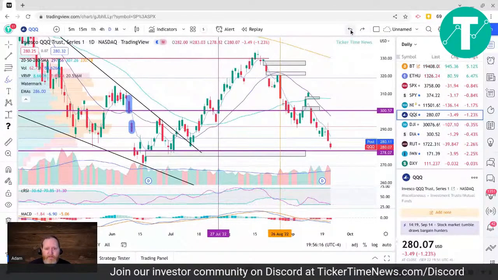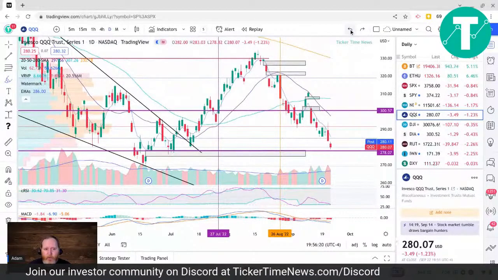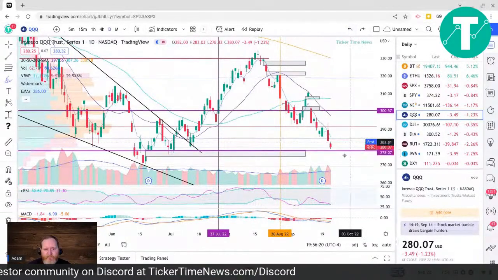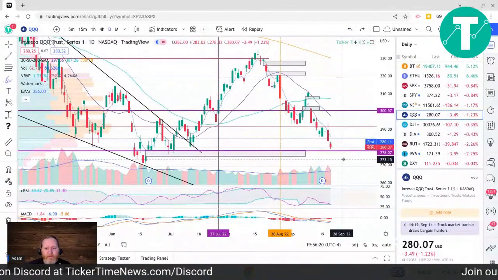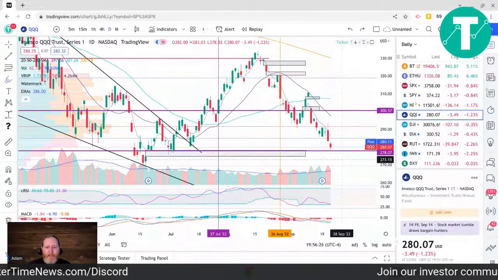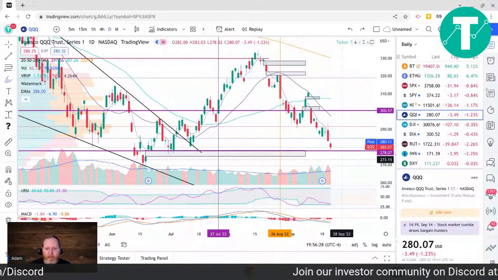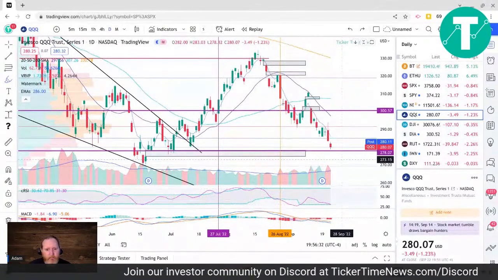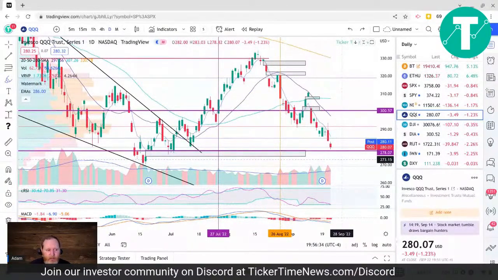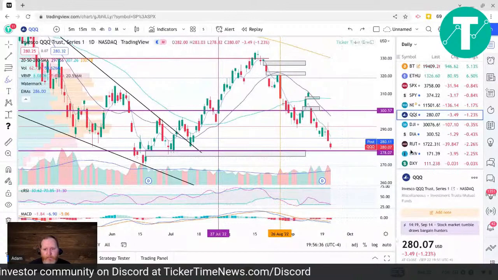Luckily today, we found support on these different indices, and that at least gives me more confidence to believe that a bounce is coming shortly. Whether tomorrow, whether next week, I think we're going to see it pretty soon.